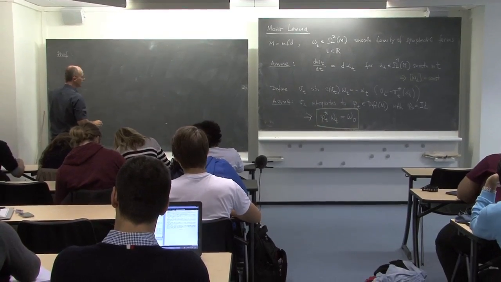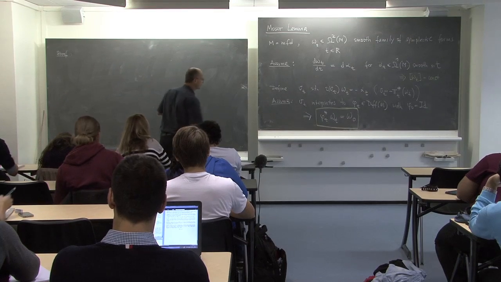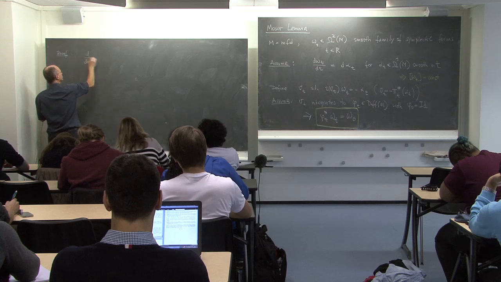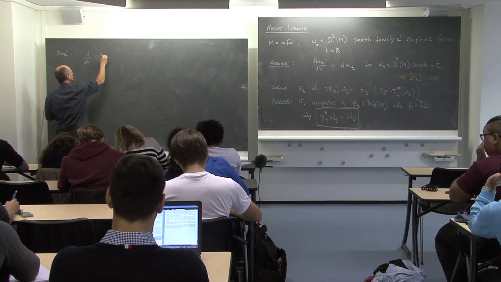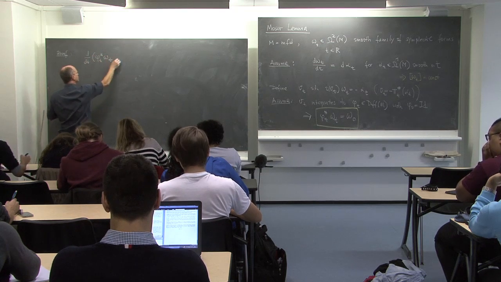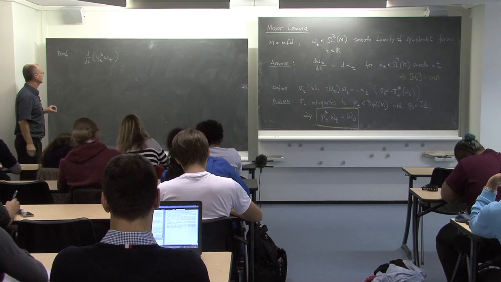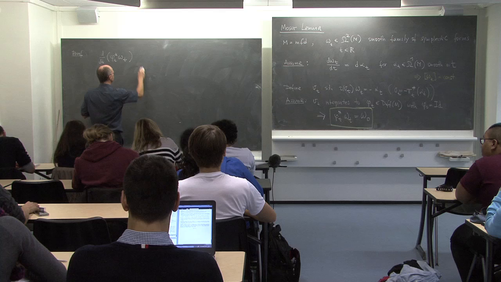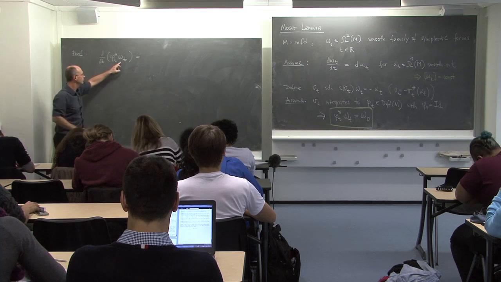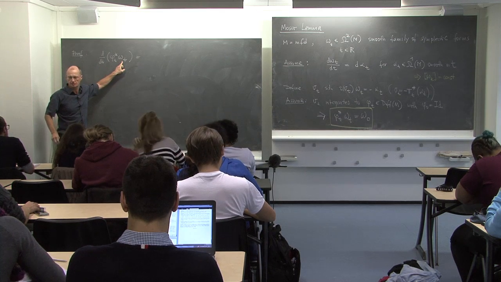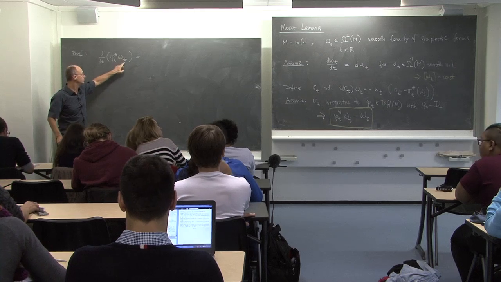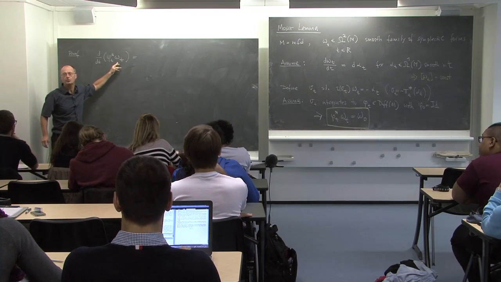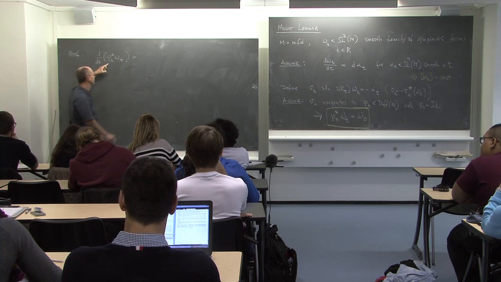Right. So let's consider the derivative of phi t star omega t with respect to t. If omega t were a constant, if it didn't depend on t, then last time we already wrote formulas for such derivatives.